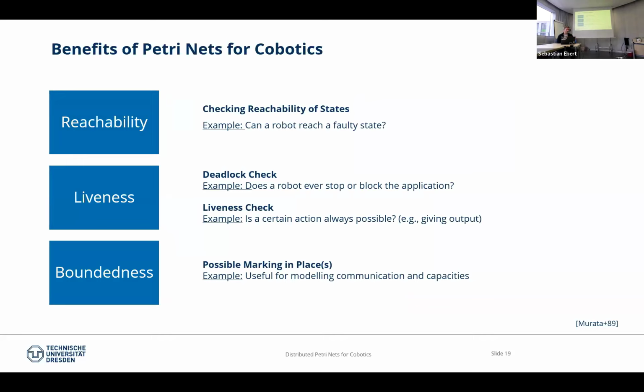So we are blocking each other maybe in the access to the shared space or whatever, and also liveness. So is some action maybe always possible, if you want to have maybe a fail-safe action, which always stops the robot. Boundedness, I think it's a classic example, and that's why I'm also using it here in the presentation, to use it for communication, because communication is usually bounded to some kind of capacity which cannot be exceeded, and we want to guarantee that.